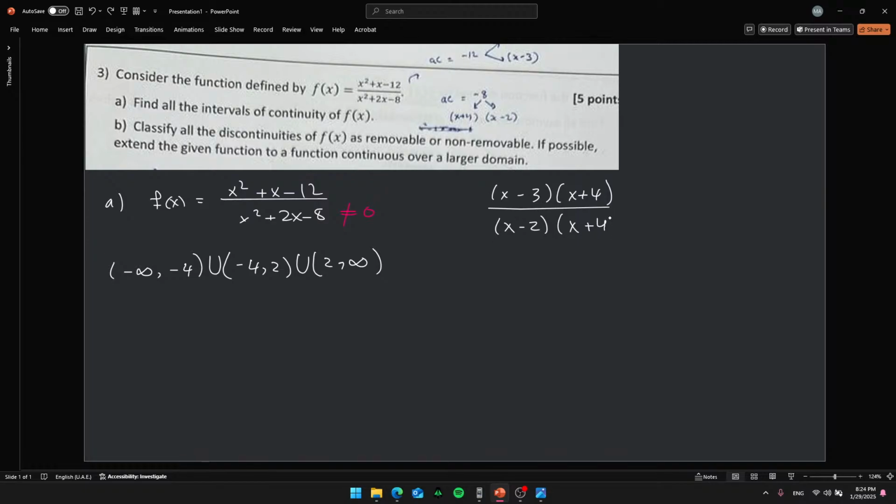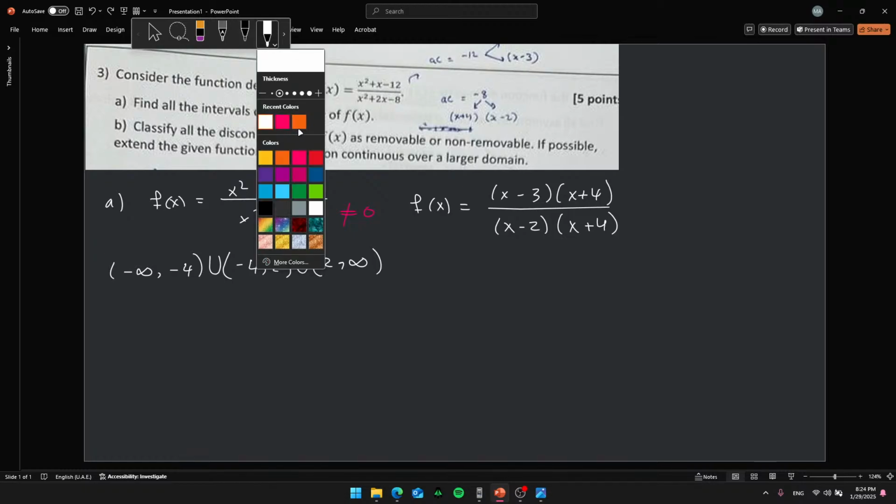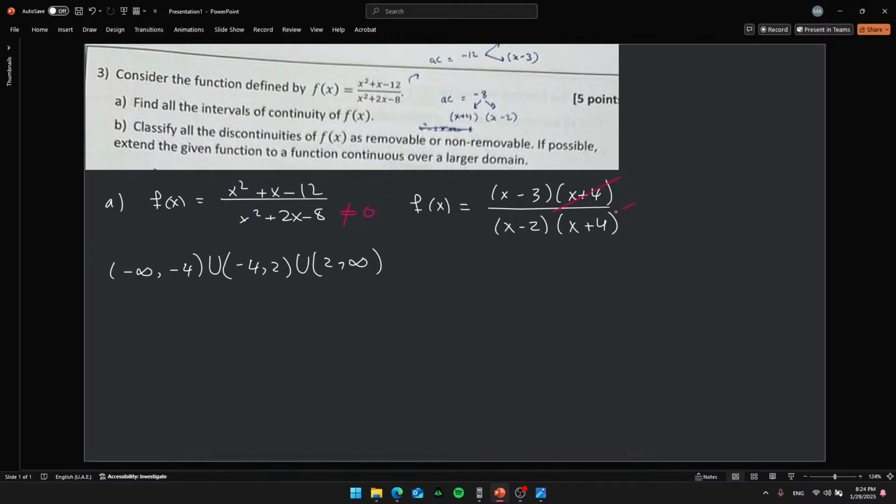Now this is f of x. I haven't changed anything, I have just factored the numerator and the denominator using the calculator. Now you can see that I can cancel x plus 4 from top and bottom. So whenever you cancel something, it's called a removable discontinuity at this point.